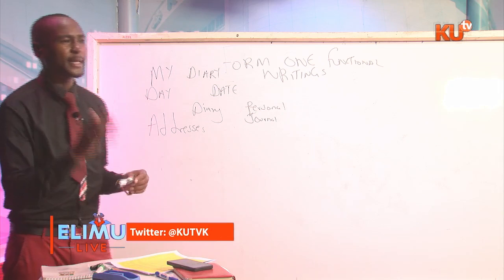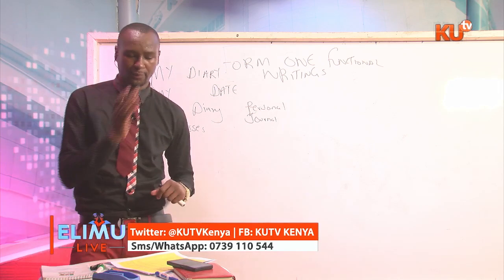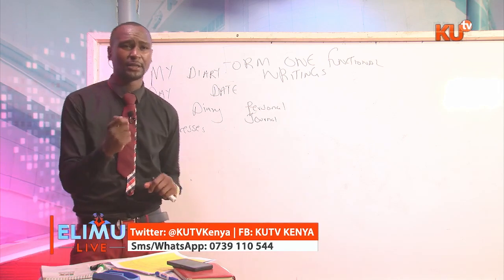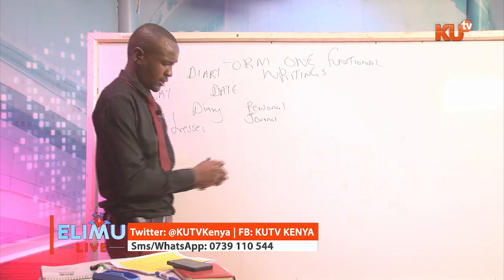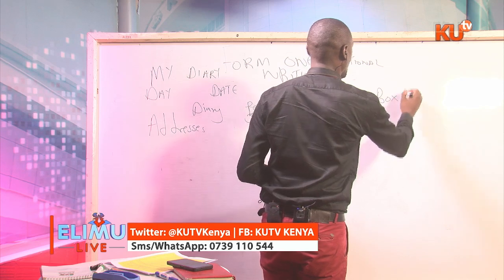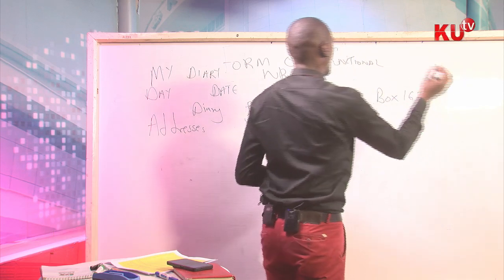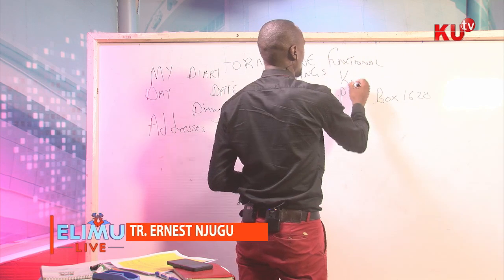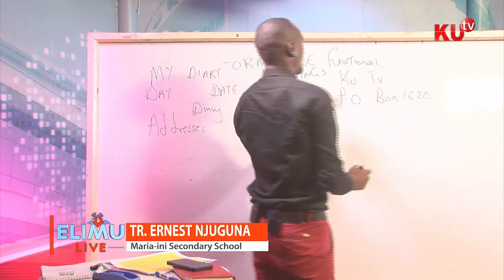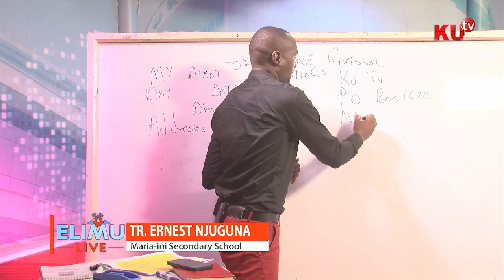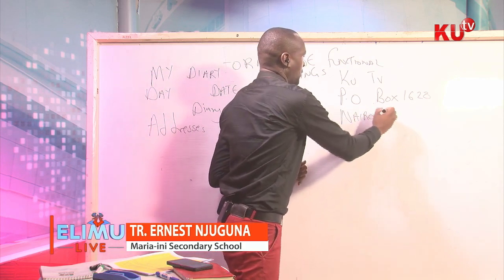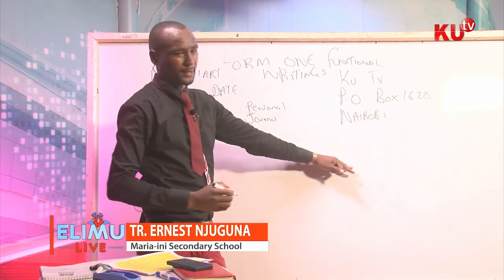So the address, one key thing I always tell students, because sometimes this is where they lose marks: the date is not part of the address. Once you have your address, one PO box and then the area, you skip a line.